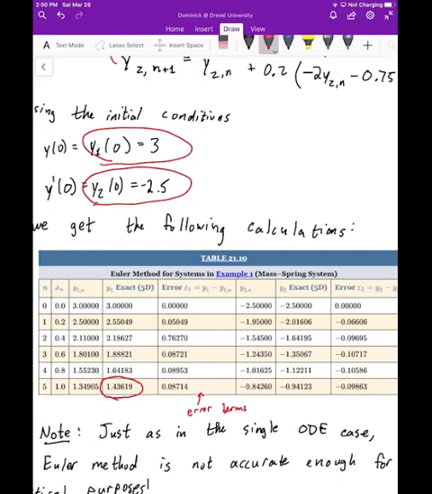A similar situation is going on here, and these are your error terms. You can see that fairly quickly you're only getting accuracy to about 2 decimal places, which is okay, but we've only extended this to an x value of 1. If you wanted to go much further than 1, you could see how the error would start to grow and grow.